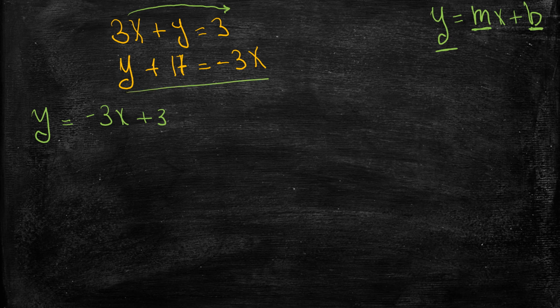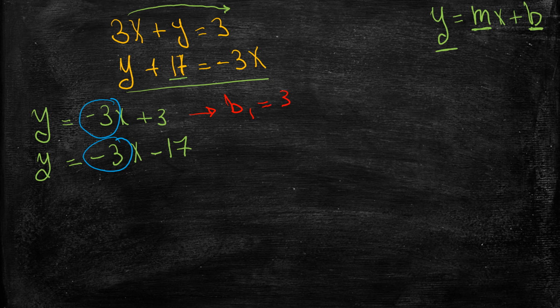For the other equation, we need to move plus 17 to the other side, or subtract 17 from both sides. You will get y equals minus 3x minus 17. As you see here, the slopes are the same, and that's because these two lines are parallel. Now let's identify b1 and b2.